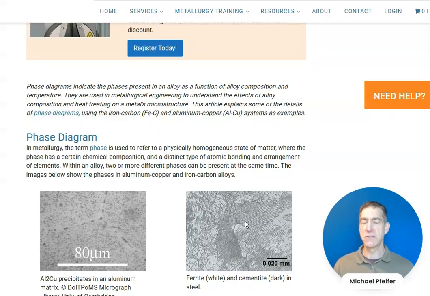A phase is distinguished by its composition, by the type of atomic bonding, and the arrangement of the atoms within the phase. Within an alloy, two or more phases can be present at the same time. Within a pure metal or a metal that just has impurities, there will typically only be one phase present at one time.